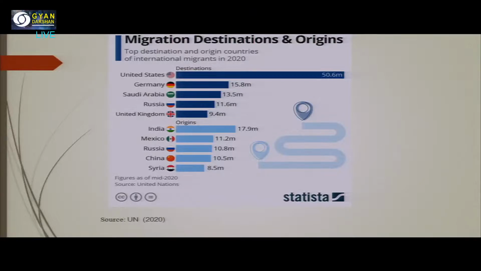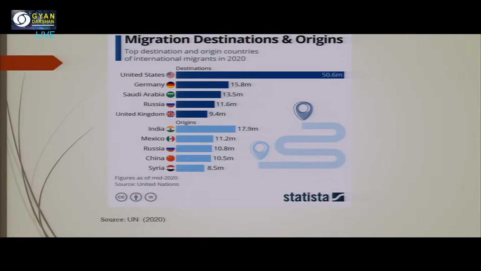When you talk about how the economy works and where people go, if you see this graph, the United States of America is the number one destination. Number 2 is Germany. Number 3 is Saudi Arabia, and Russia. Number 5 is the UK.